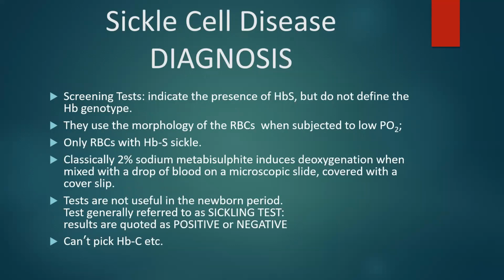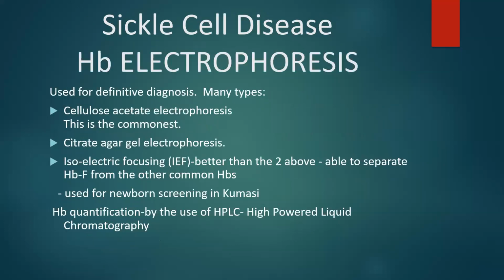So there's a limitation. When the sickling test is done, the patient is either positive or negative. And negative doesn't mean that the patient is not carrying any abnormal hemoglobin. The patient might be carrying hemoglobin C or any other abnormal hemoglobin.